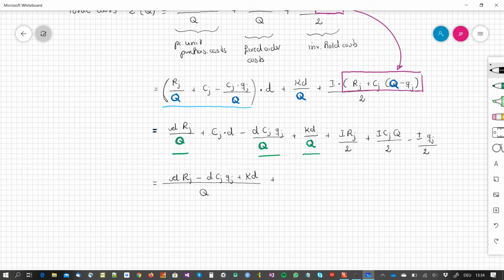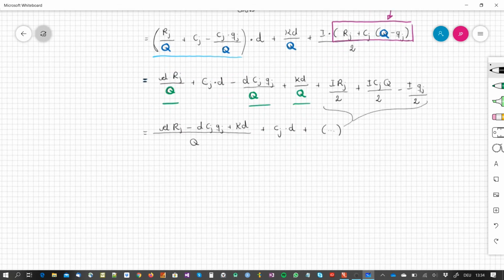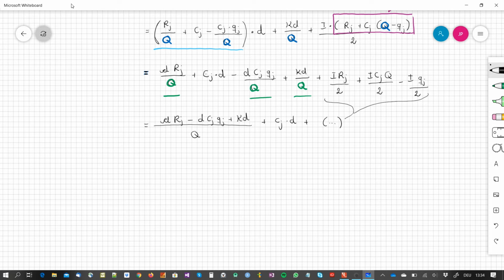The rest stays as it is. I don't want to write too much, so this is what I give here.